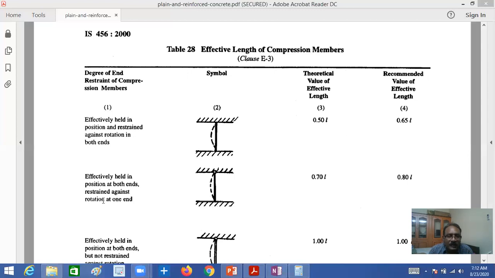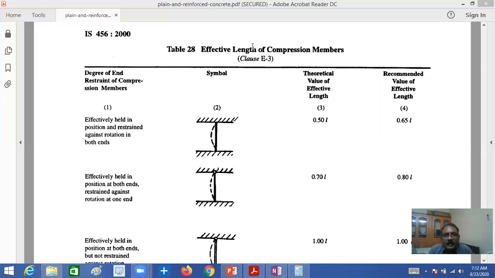Now, the second condition. What is the second condition? Effectively held in position at both ends and restrained against rotation at one end.